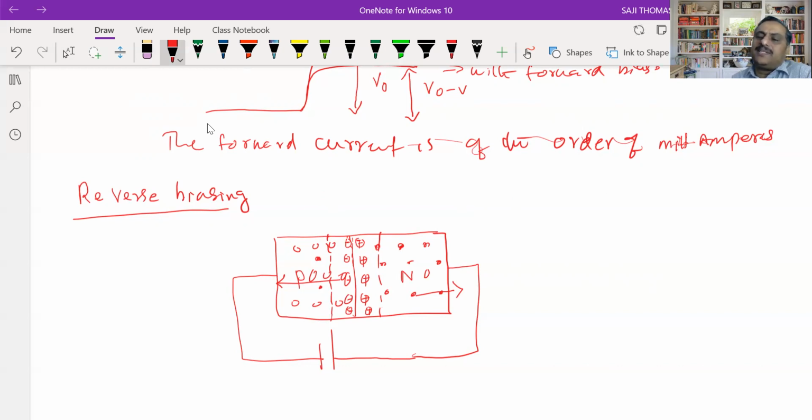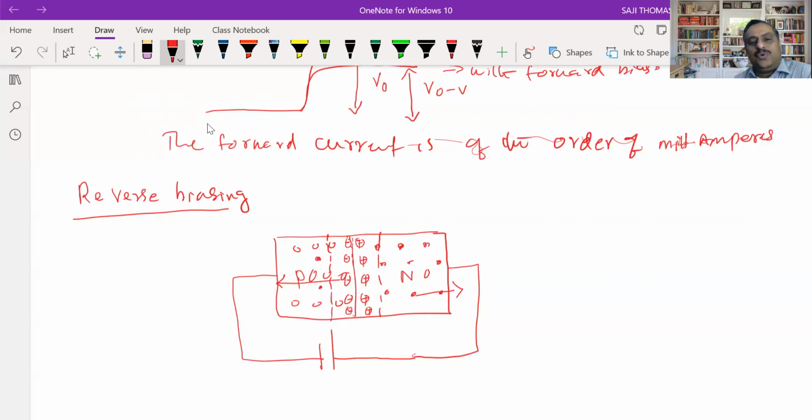If the width of the depletion layer increases, resistance will increase. Resistance of the diode will increase. Practically no current flows through the diode under reverse bias.